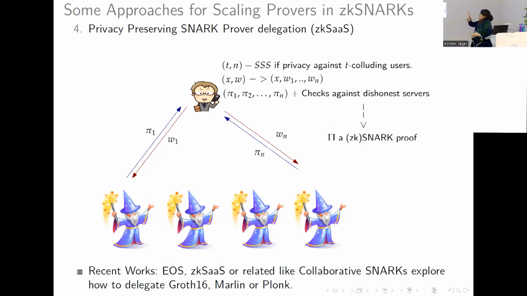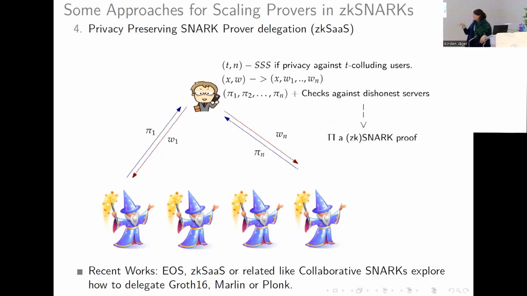You want to distribute your witness, and you want to make sure that even if some parties collude, they will learn nothing about your computation. And you also want to make sure that they are doing the SNARK proof correctly. There should be a cheap way for the muggle to check that the servers have computed the proof correctly, and the servers should learn nothing.